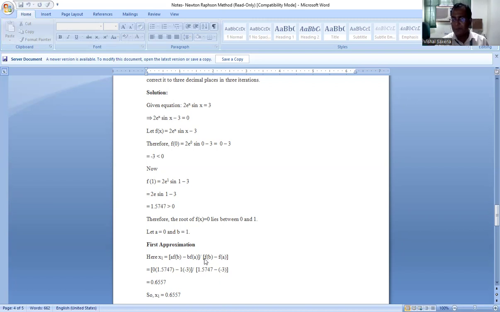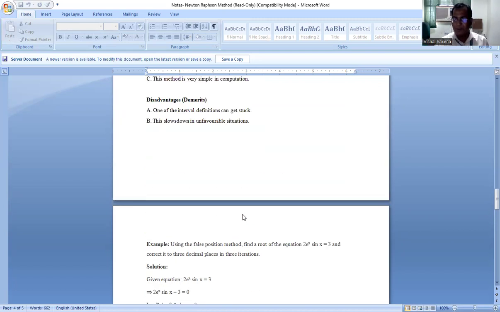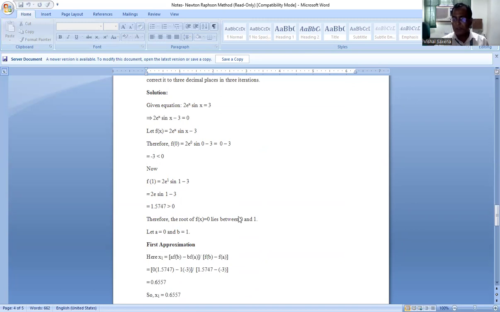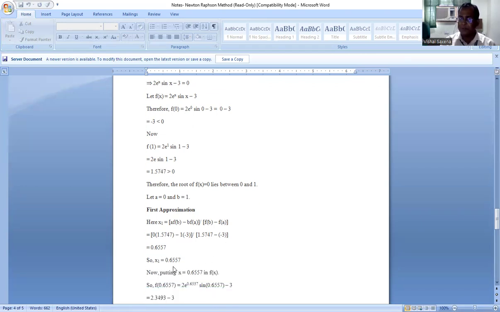We derived this formula previously. Because the root lies between a and b, the first approximation is x1 equal to a into fb minus b into fa divided by fb minus fa. Now we just put in the values of a, b, fa and fb, and on solving we get x1 equal to 0.6557.